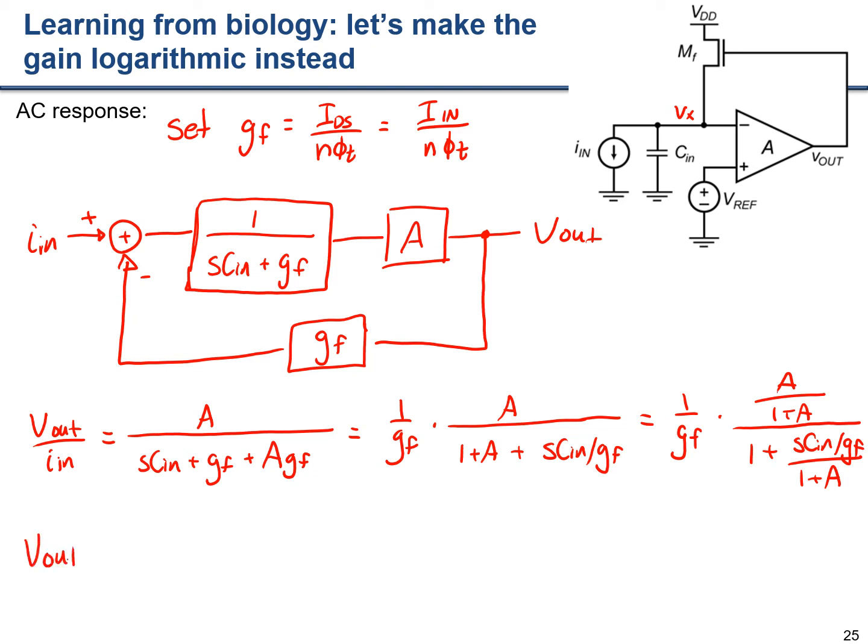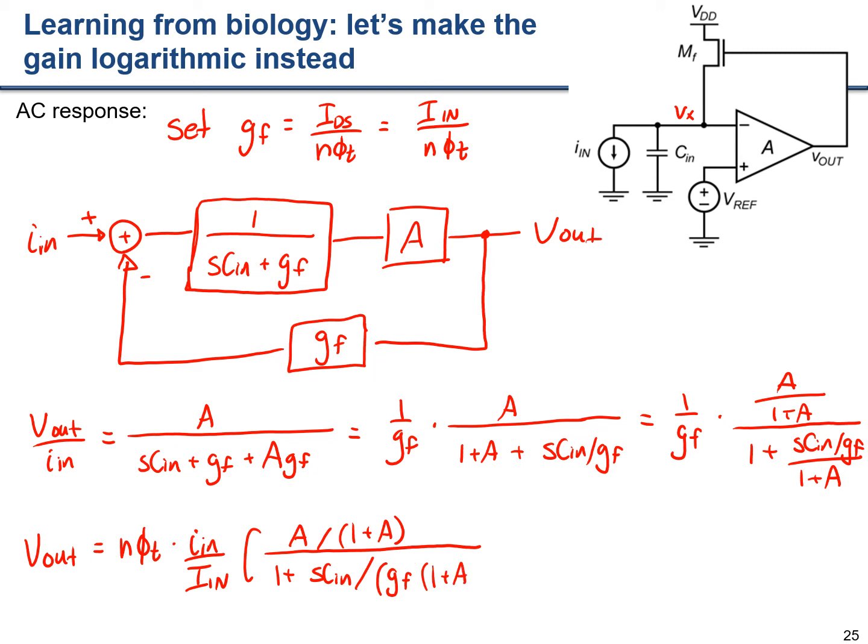And now we can solve for Vout. Vout is equal to n phi t times little I in over DC I in times A over 1 plus A divided by 1 plus SCN divided by GF times 1 plus A. Okay, so this is exactly what we were hoping for.